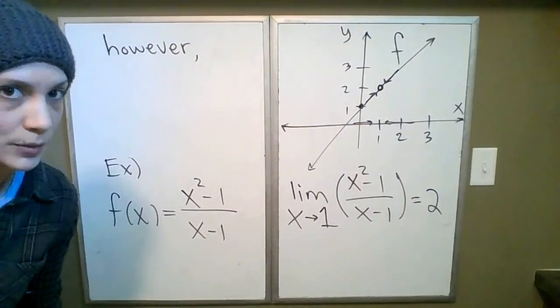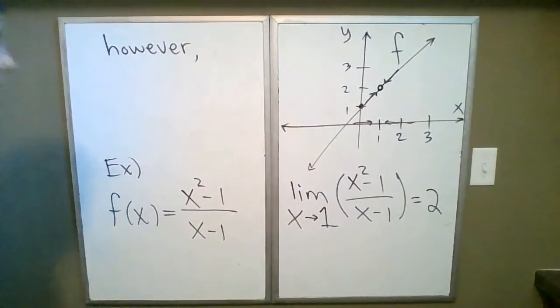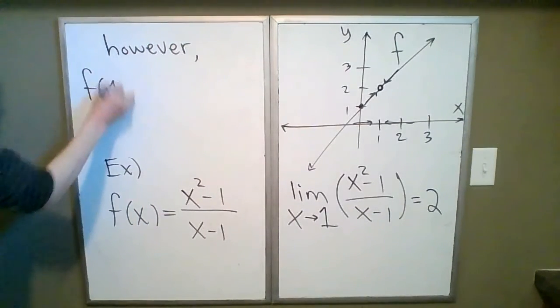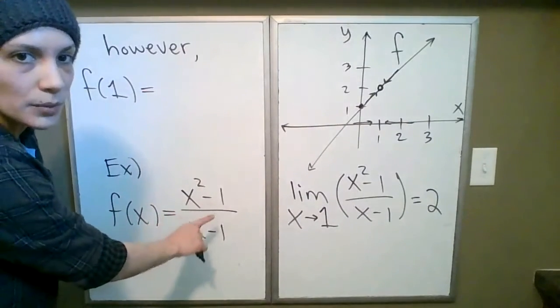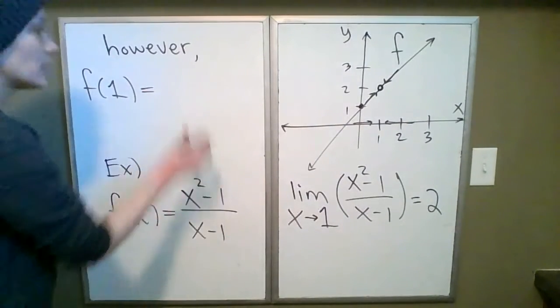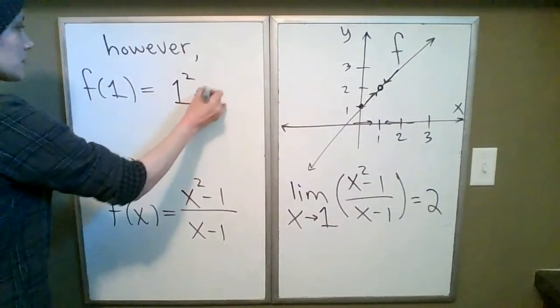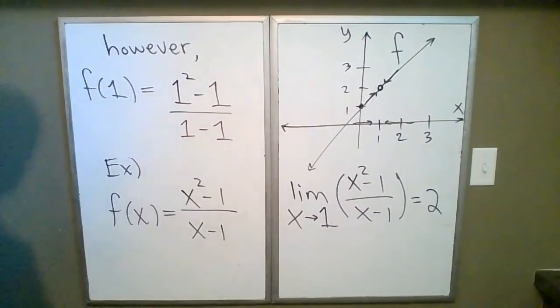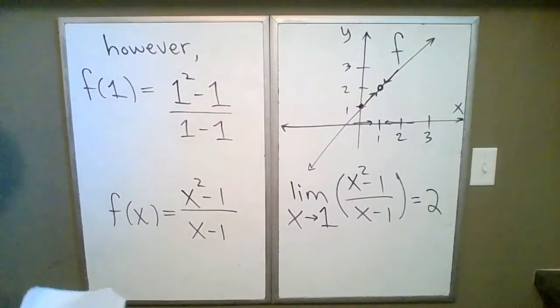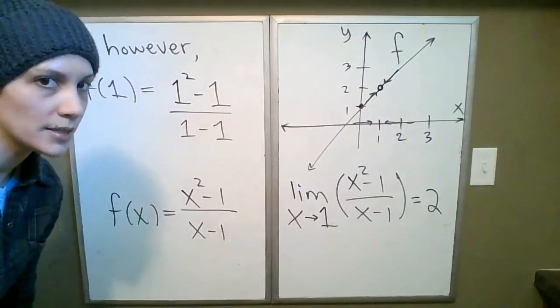Let's put in x equal to 1 through that function f. And then you'd get out 1 squared minus 1 over 1 minus 1. And that's a 0 over 0.